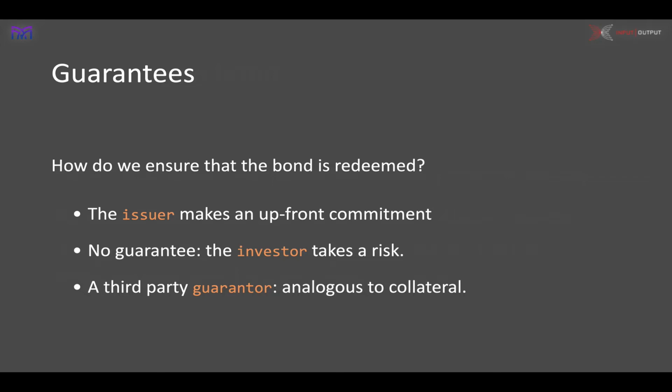We can simply say no guarantee is provided. The investor will take a risk, and in a sense, that's how things are in the real world. Investors do take a risk, and that's why they're gaining a profit, because they're taking a risk. But there is a third approach, and that is that a guarantor makes a commitment which is analogous to collateral.